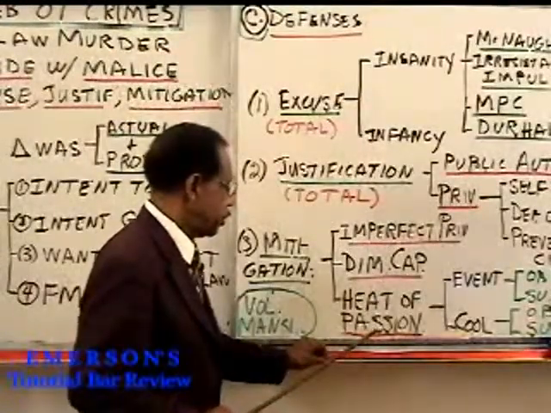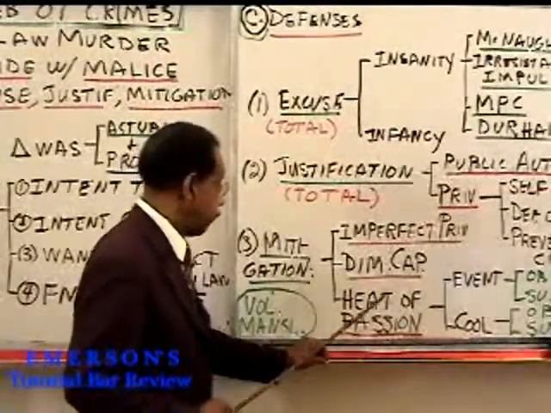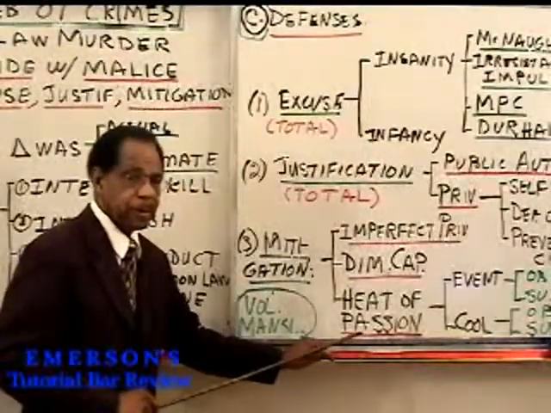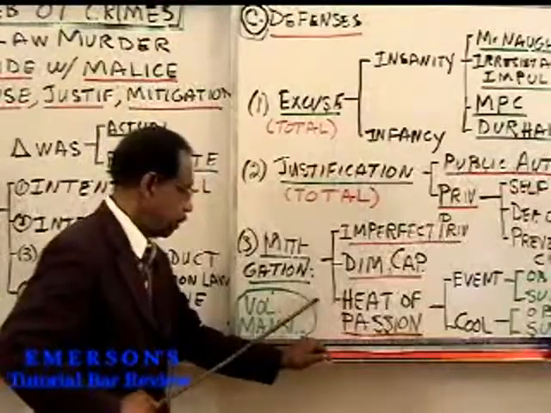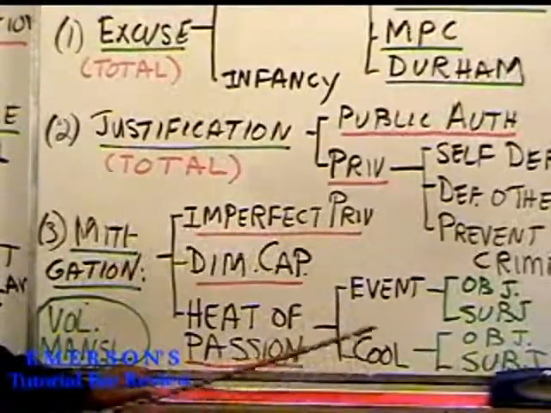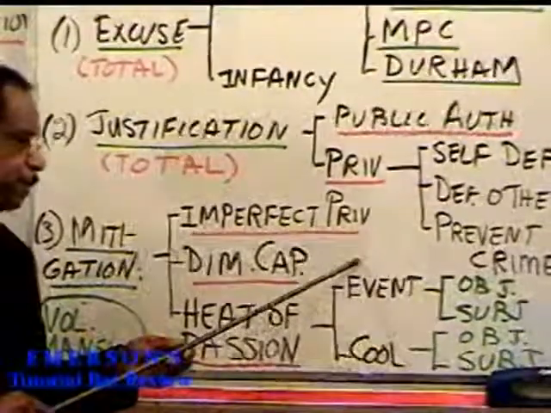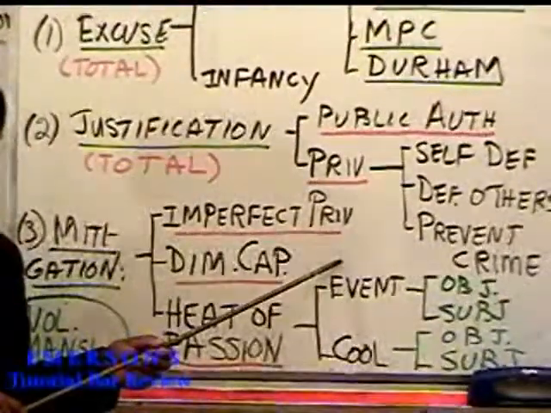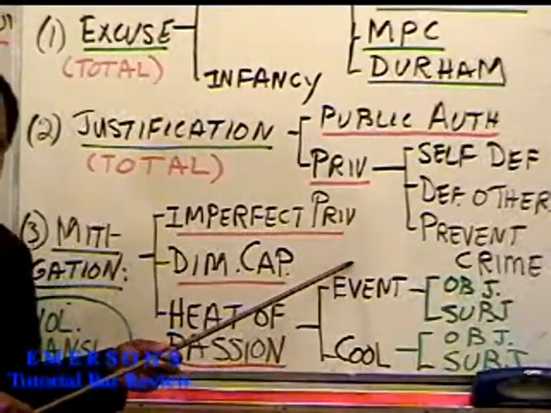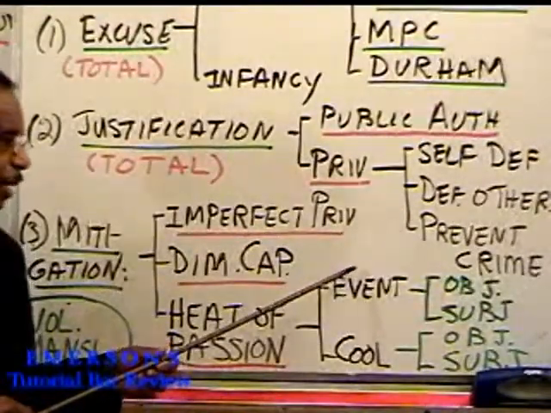Heat of passion is the third basis for reducing what would have been common law murder down to voluntary manslaughter. The heat of passion has two requirements. You need some provocative event that is sufficient to provoke a reasonable person to lose control and act out of blind passion.